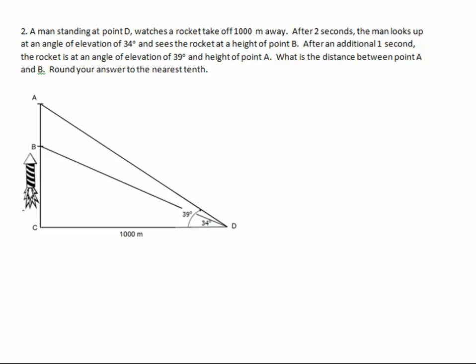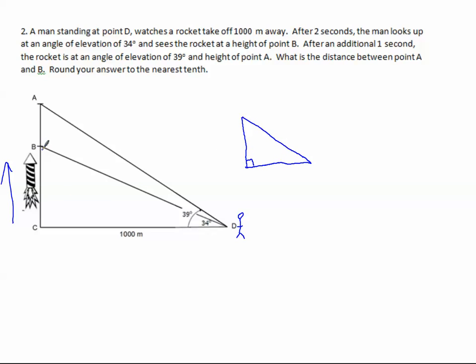Last problem. You've got someone standing over here watching this rocket take off. They're 1,000 meters away. And at 2 different points, they're looking at it at 2 different angles. Whenever you see one of these double triangle problems, I always go back and redraw the triangles.